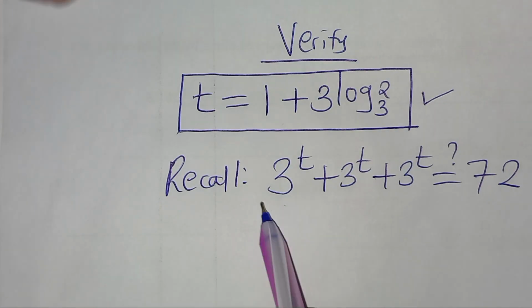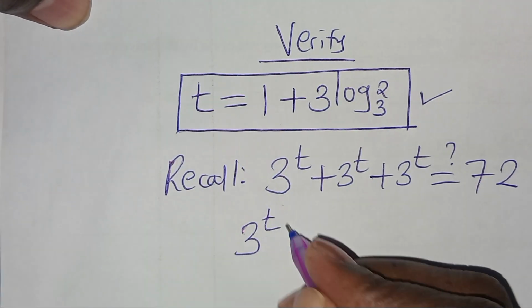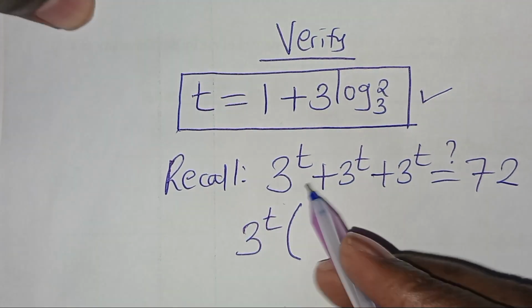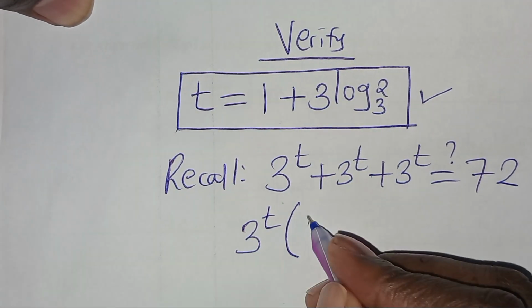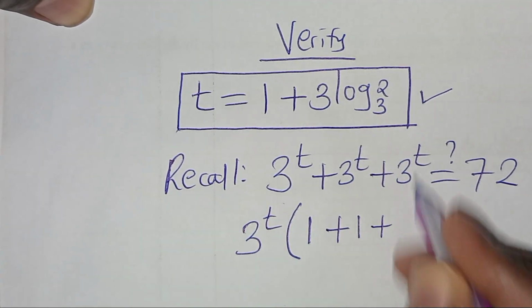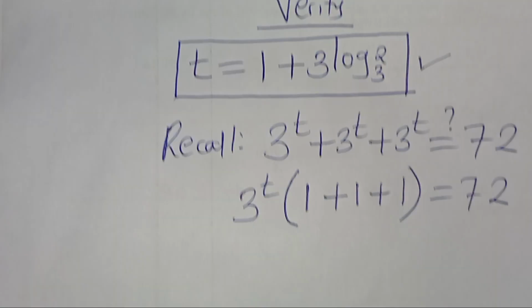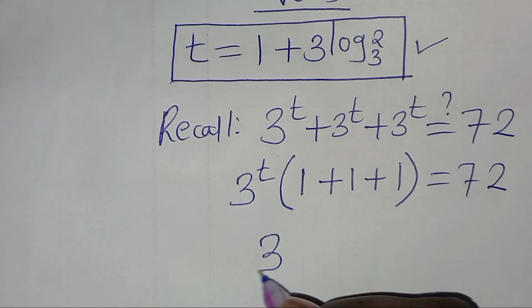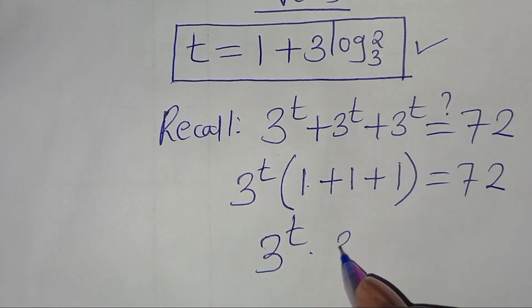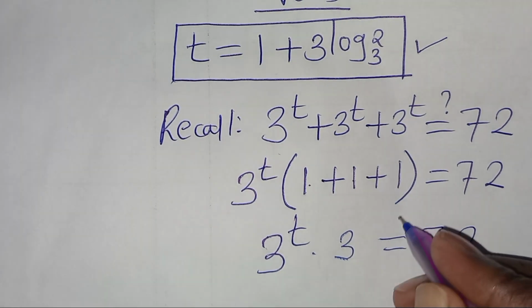From this equation, 3^t is common, so we factor out 3^t. Into the parentheses we'll have 3^t divided by 3^t, which is 1, plus 1, then plus another 1, equal to 72. So this implies that we have 3^t times 3, and this should give us a value of 72.